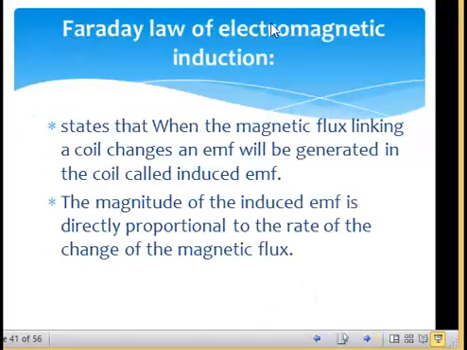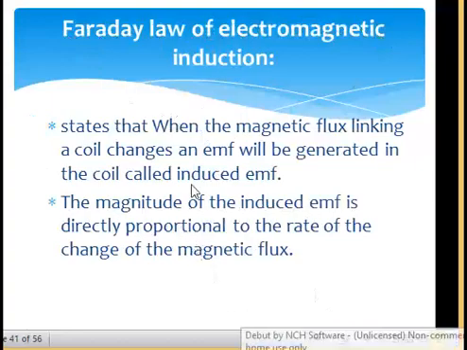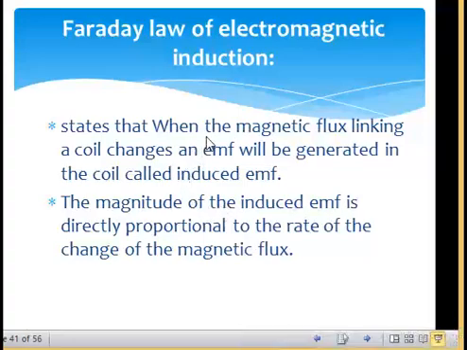Now we will continue. We are going to look at Faraday's laws of electromagnetic induction. It was Faraday that conducted this experiment. He was the first to investigate the electricity that is generated due to the change in magnetic flux linking a coil. After his investigation, he stated the law of electromagnetic induction.